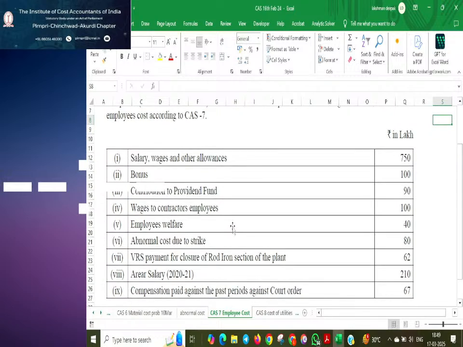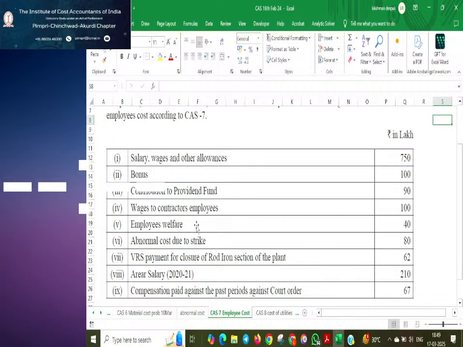Salaries, wages and other allowances: we have 750 lakhs, it is rupees in lakhs. Bonus 100 lakhs, contribution to PF 90 lakhs, wages to contractors' employees. Contractors' employees, not employees who are on contract.